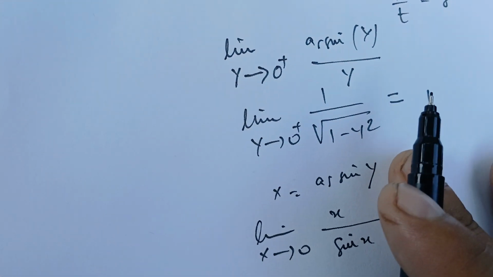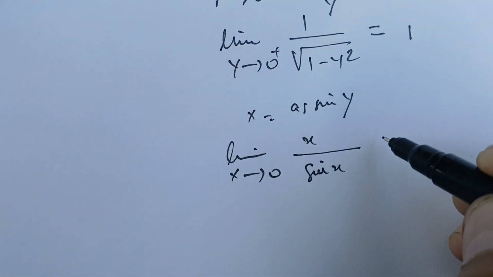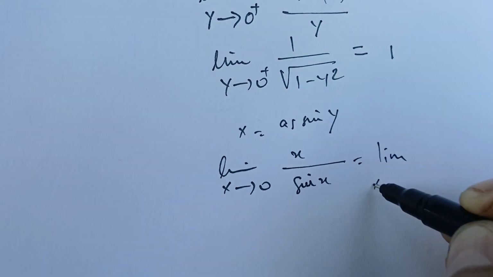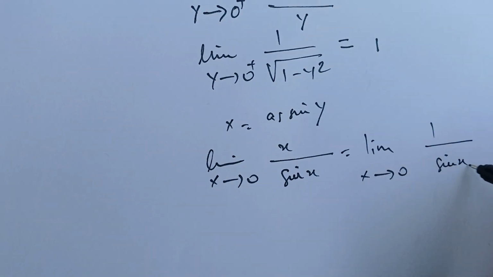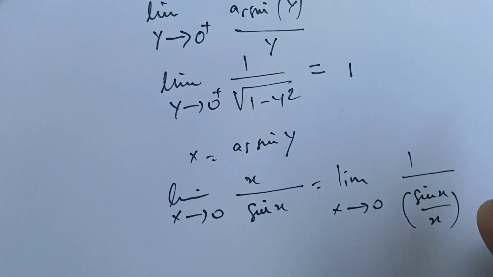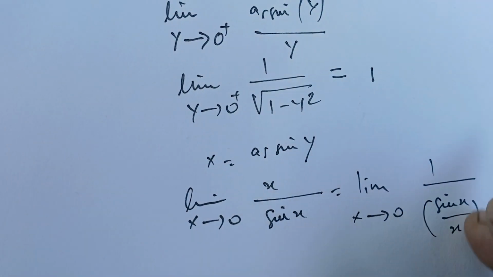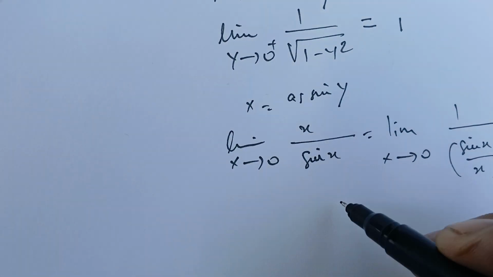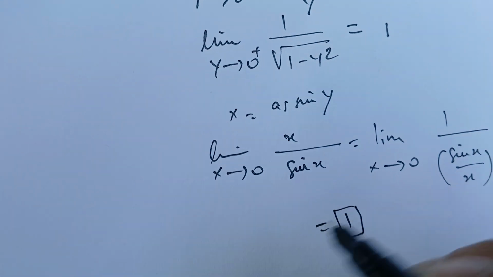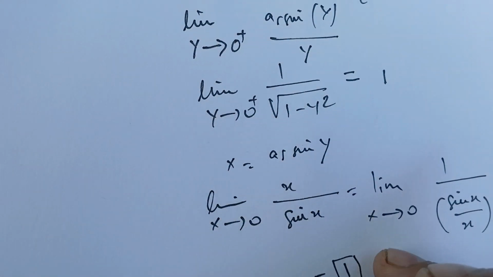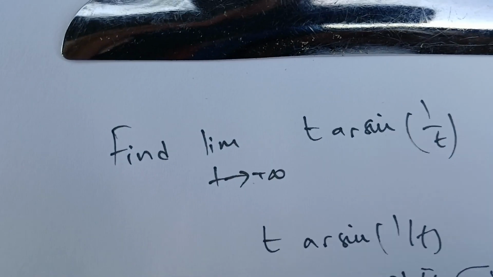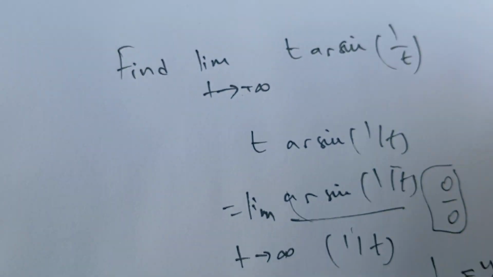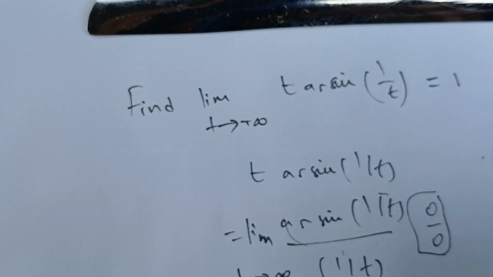Now we can write this one as the limit as x goes to 0 of 1 over sine x over x. And we know this limit here. We know it's 1. Therefore, we have proved in two ways how to find the limit of this function. So this limit is just 1.